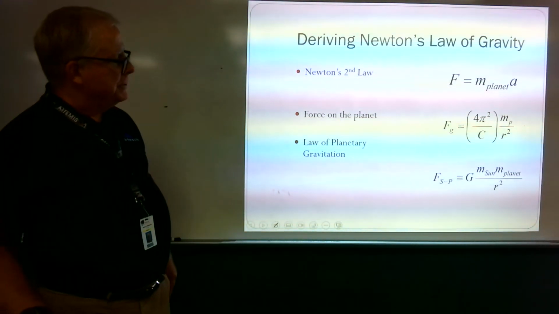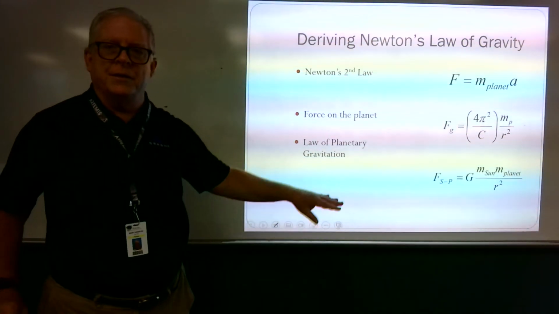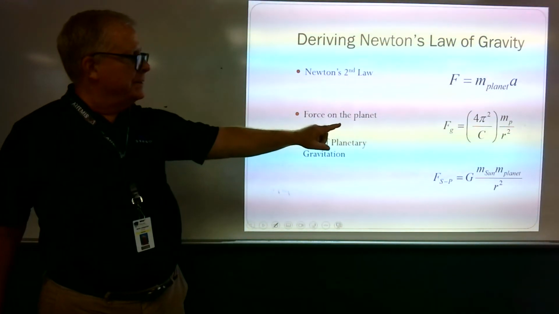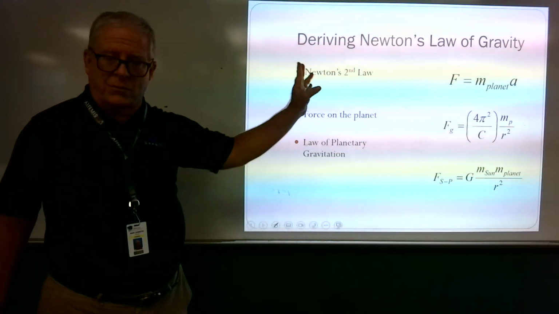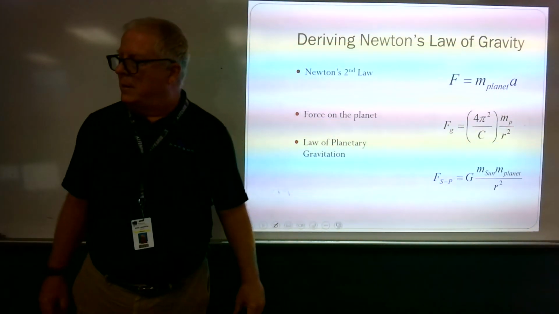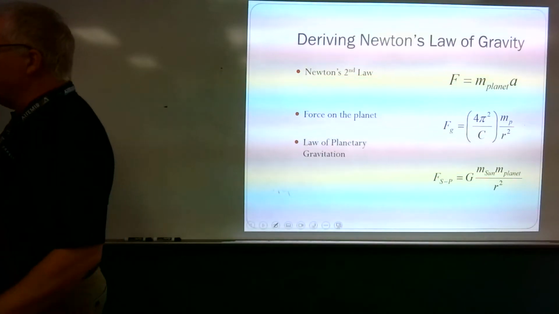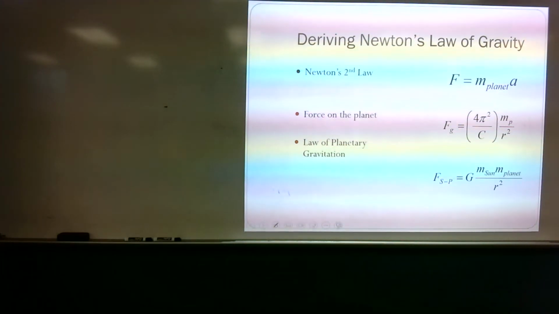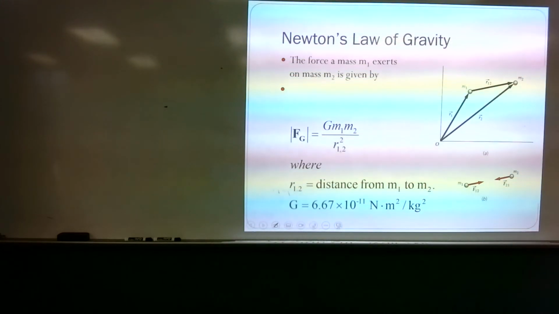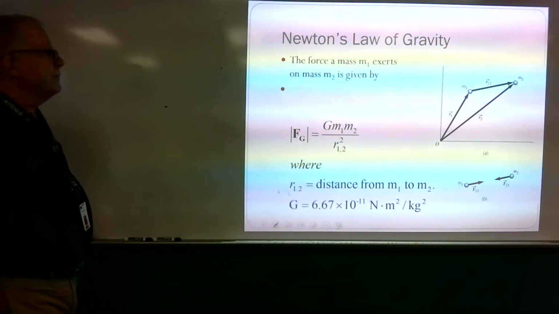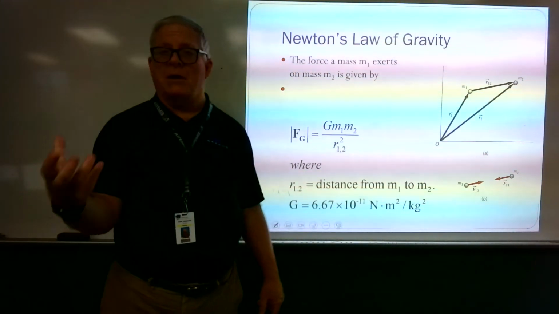And so Newton took the final step here. He said, this force that tells us how strongly the planet is being pulled by the sun, and, according to the third law, how strongly the sun is being pulled by the planet, is not just between planets and suns, it is between any two things. So this is what we call Newton's law of gravity, or Newton's law of universal gravitation.